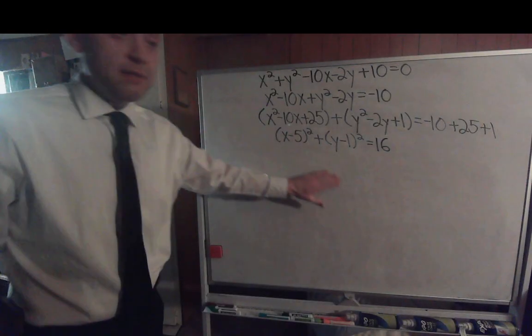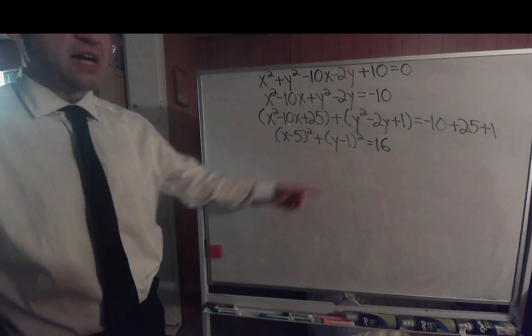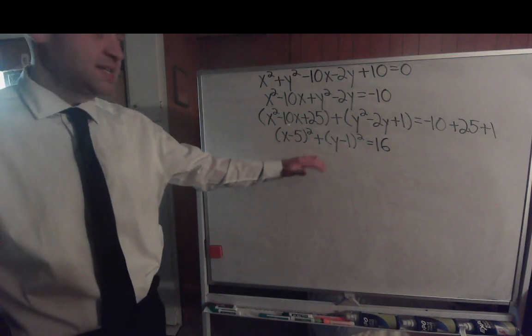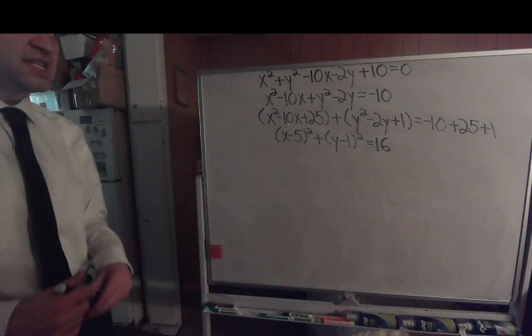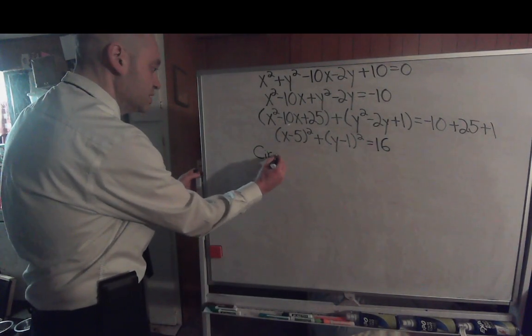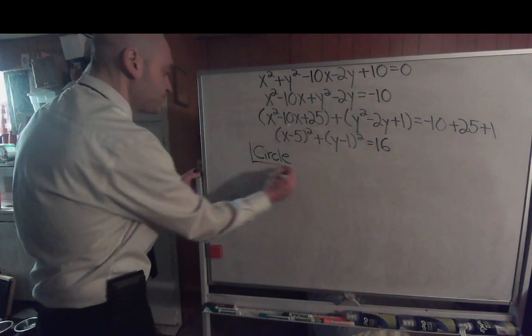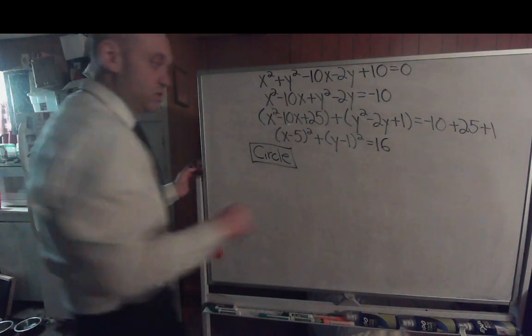Well, what do you notice here? You have no denominator on your variables, or you could argue they both have a denominator of 1, meaning that both axes have the same length. Then you have the right side equal to 16. So actually this is a circle. We actually have a circle for this one, so this isn't so bad. What's the center of the circle?